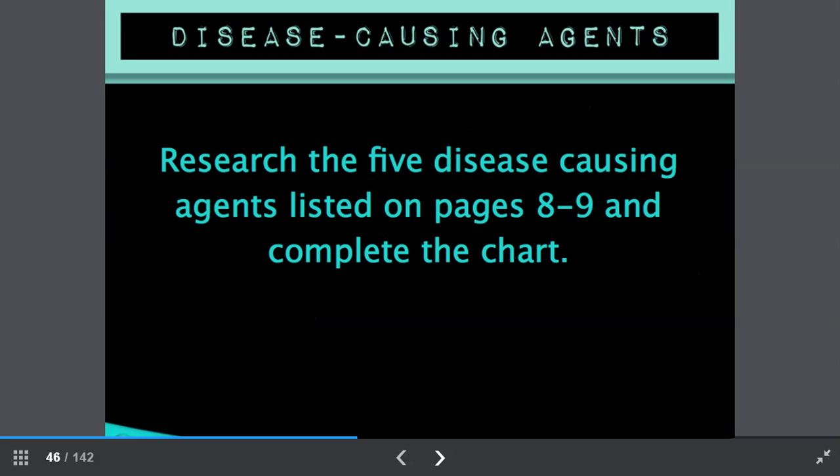In class, your teacher will instruct you how to research the 5 disease-causing agents listed on pages 8 and 9 and how to complete the chart. The 5 disease-causing agents we will be discussing in class include viruses, bacteria, fungi, parasites, and protozoa.